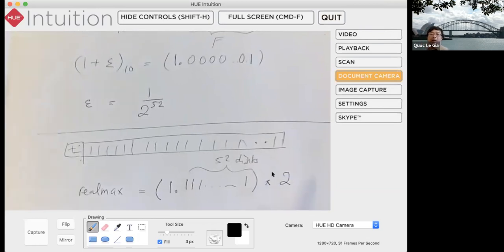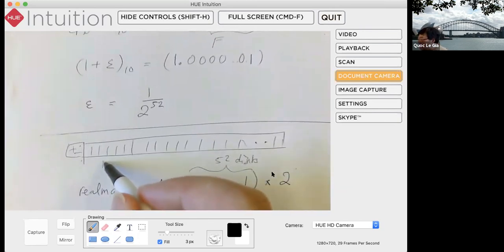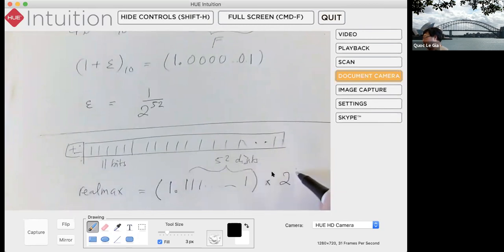Okay, now this is an interesting question. What is the maximal power? Remember before we said that there are 11 bits here. Then what is the maximal power you can get?